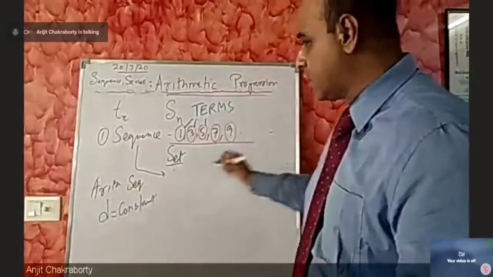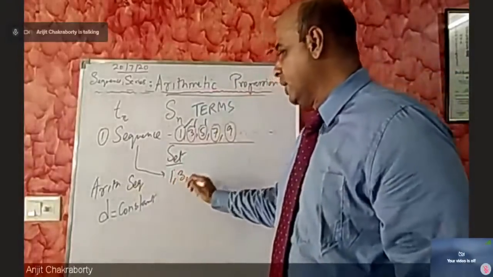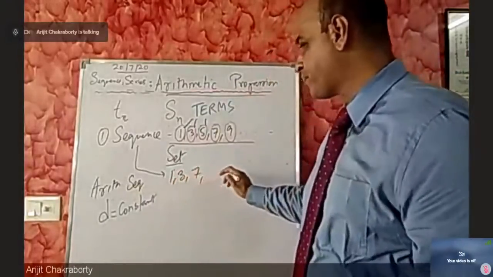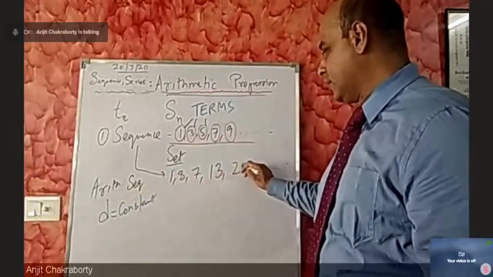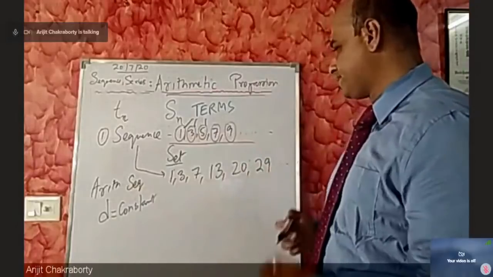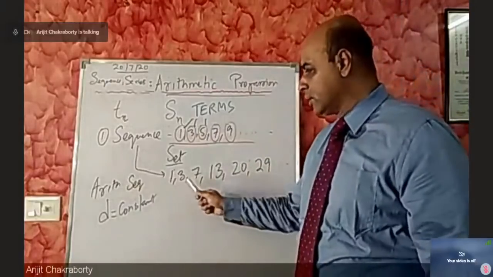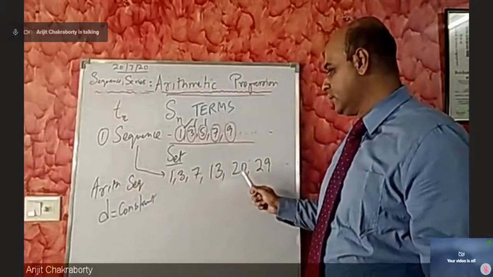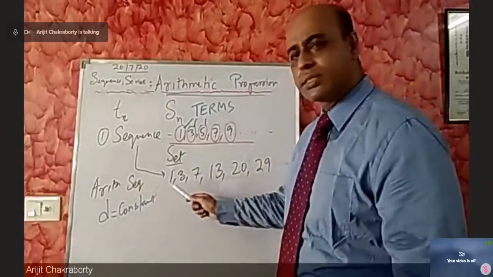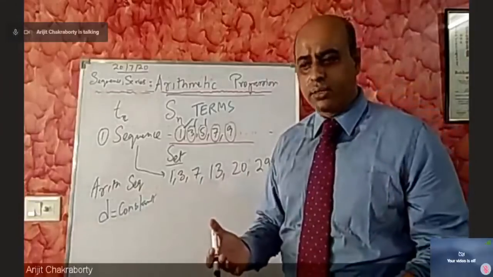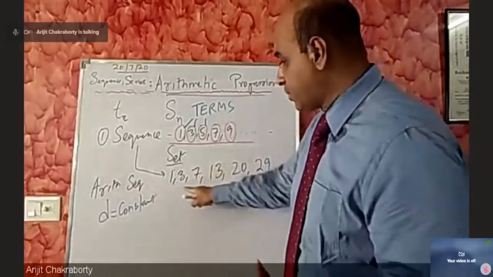Let me give another example of a sequence and let us see whether it is an arithmetic sequence. 1, 3, 7, 13, 20, 29. Let us see whether it's a sequence. Yes, it's a sequence because it is a set of numbers.